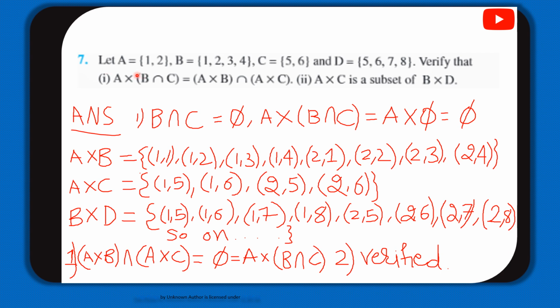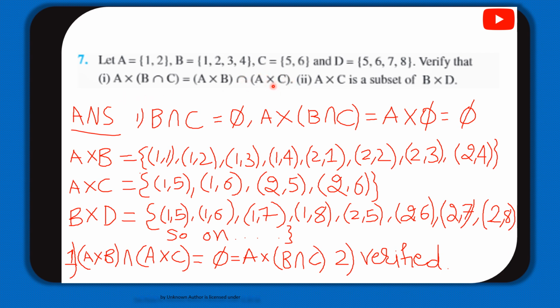Let A is equal to {1, 2}, B is equal to {1, 2, 3, 4}, C is equal to {5, 6}, and D is equal to {5, 6, 7, 8}. Verify that number 1: A multiplied by (B intersection C) is equal to (A multiplied by B) intersection (A multiplied by C).